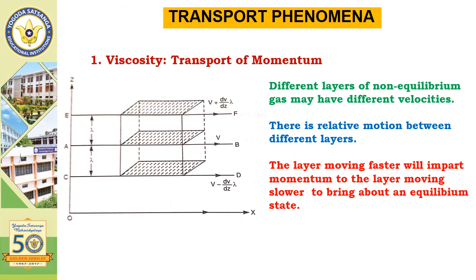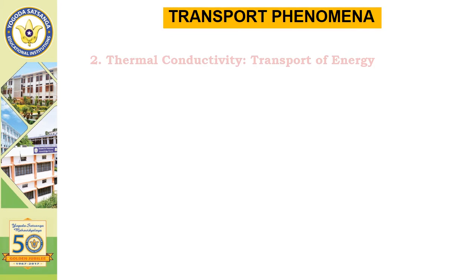Similarly, CD has less velocity than the layer AB. Due to these different velocities at different layers, the viscous force acts between these layers. Here it is clear that the layer moving faster will transfer momentum to the layer moving slower, and due to this, the equilibrium state is maintained.